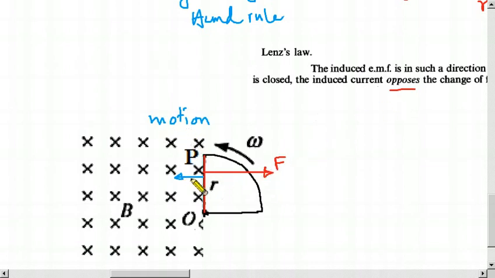Since the direction of the motion is to the left side, the opposing force must be towards the right side, like friction. So this is a magnetic force. This is a magnetic force because there is a magnetic field here.